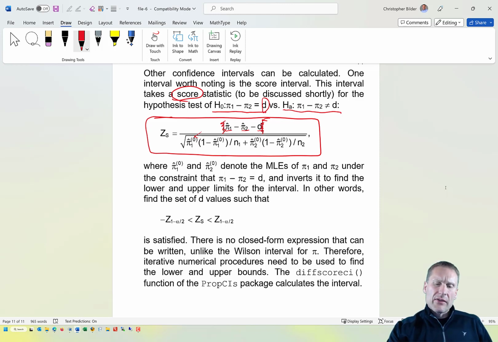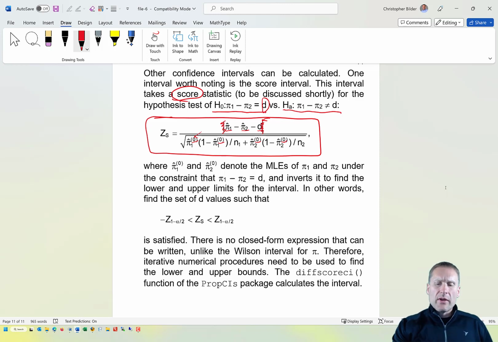The main difference here is that rather than using the regular old MLEs, we're going to find MLEs under the null hypothesis restriction that pi1 minus pi2 is equal to d. This is a much more complicated problem, to find the corresponding MLE. We do the same thing for pi hat 2 as well.